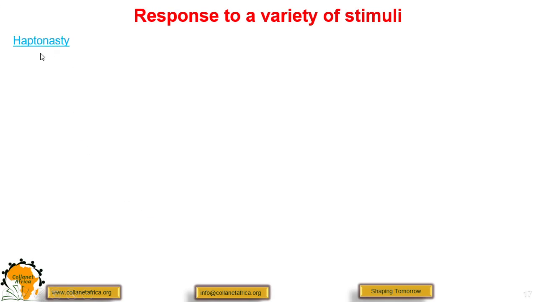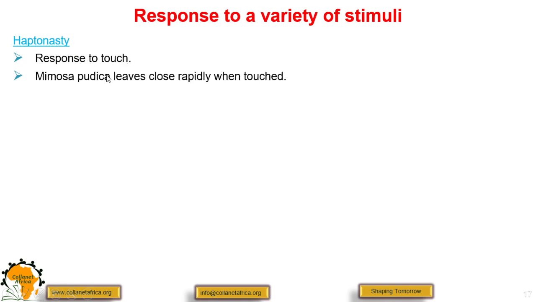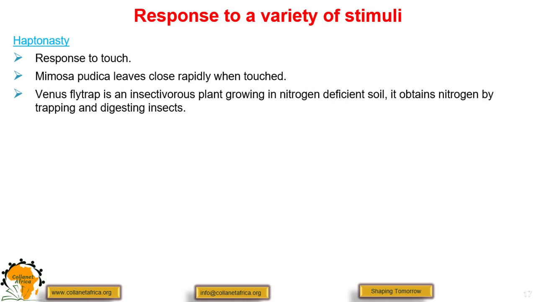The other one is haptonasty, basically response to touch. A plant called Mimosa pudica, its leaves close rapidly when touched, so the leaves are open, but when it is touched, they close immediately.